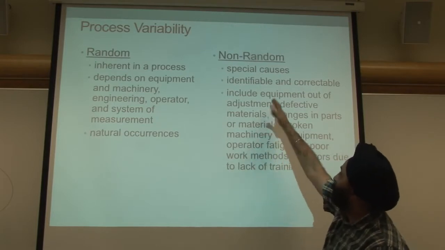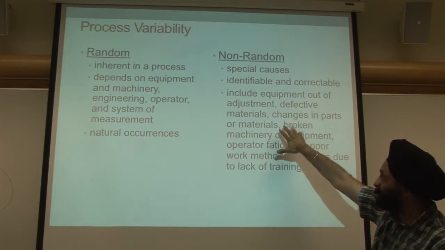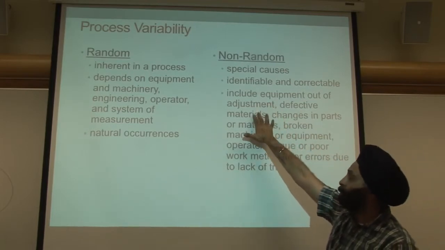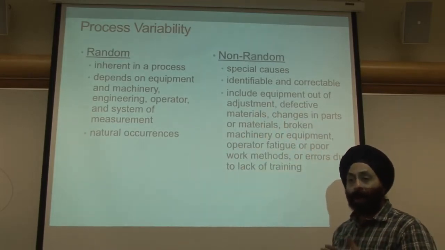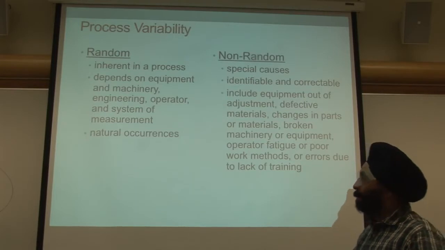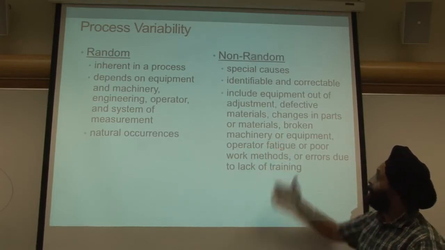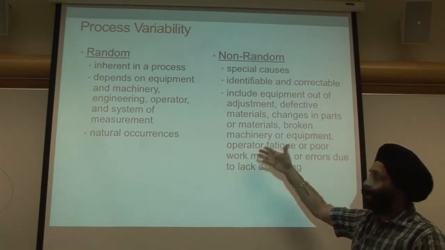So in this case, this could be equipment out of adjustment, defective materials, any specific cause. It is the machine that was messed up. Maybe the car is breaking down, had a flat, and that's the reason for the problem, or the car is giving me starting problems, or the defective material.